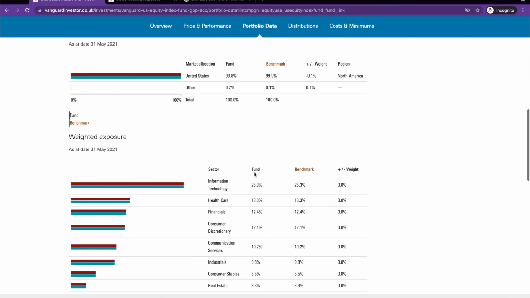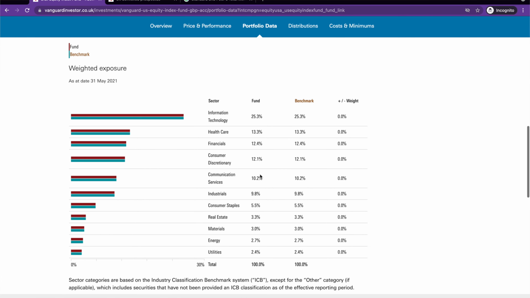And then this is very important, the weighted exposure. So in terms of sectors, even though we're investing in 3,700 companies when we buy this fund, you can see that actually the distribution or the weight of the different sectors is not that balanced.